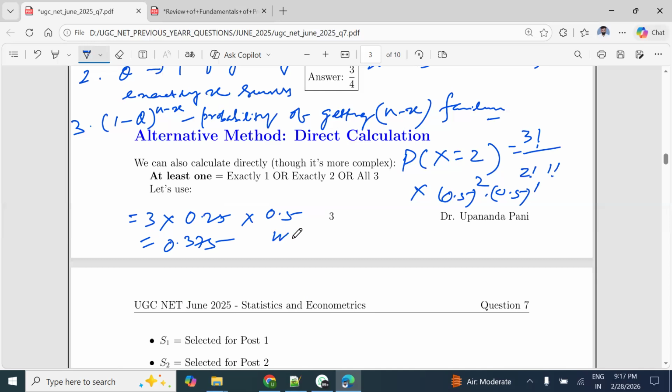First is the mean or expected value. The expected value of x will be equal to n into theta, the average value.